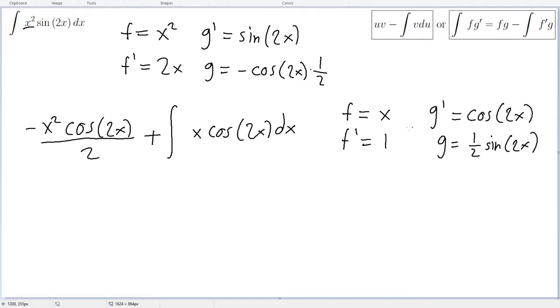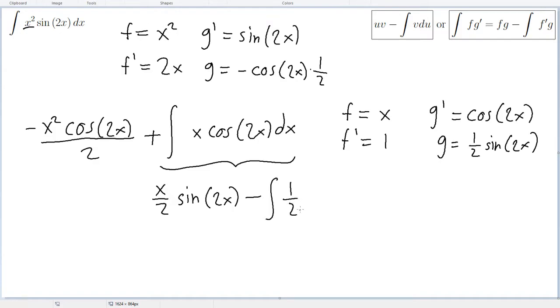And then we do the formula. I'm going to leave that there. So this becomes FG, so that's x over 2 sine 2x. And then minus, all we have to do is integrate this half sine 2x.